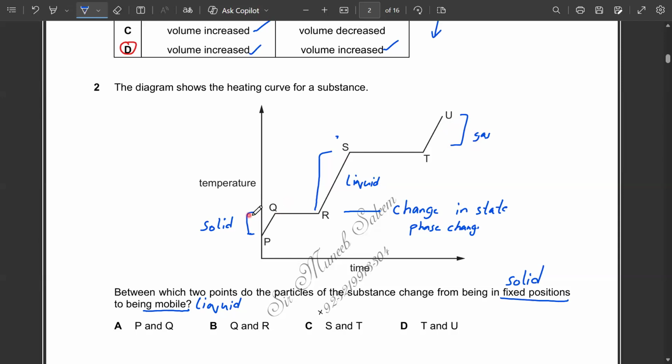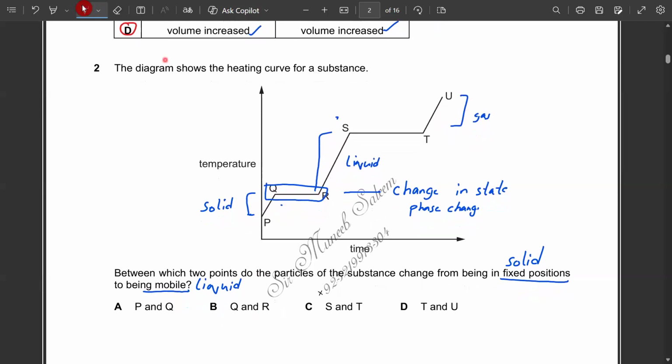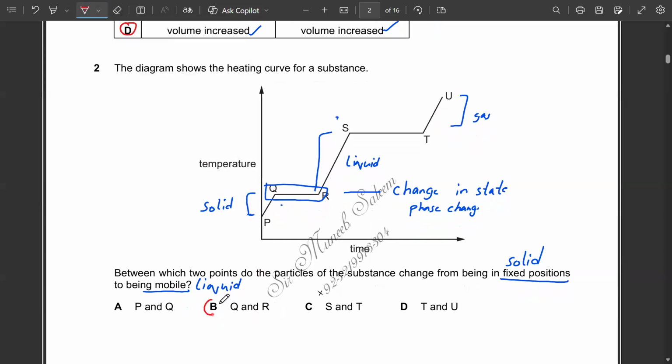So converting from solid to liquid is during this portion QR. Solid to liquid conversion is represented by the QR region. That's why the correct option becomes the B option.